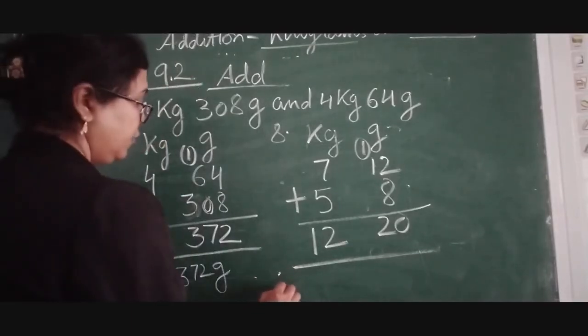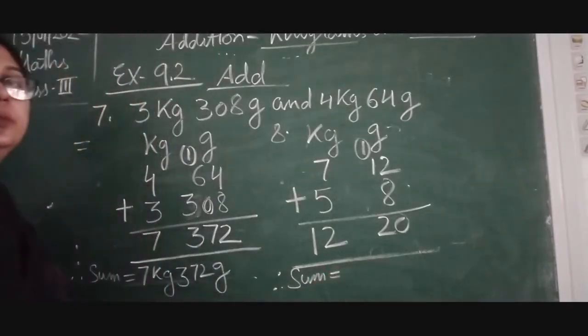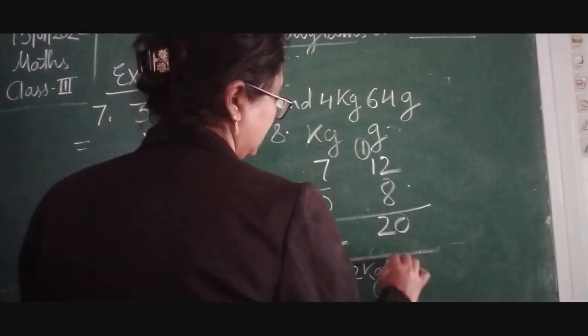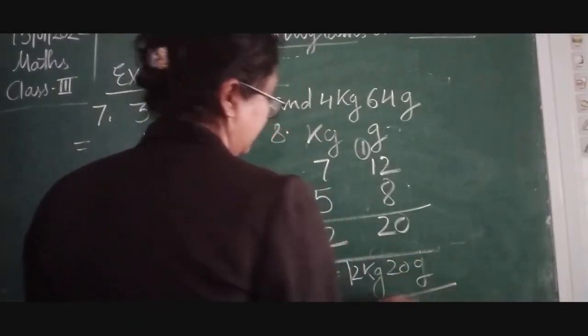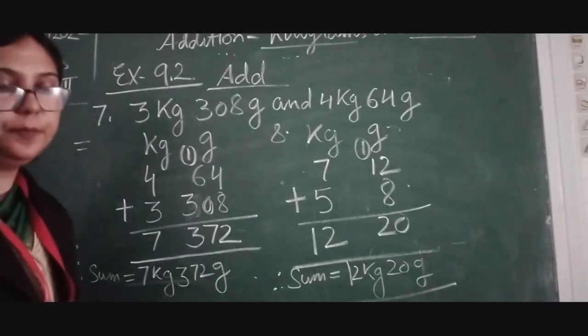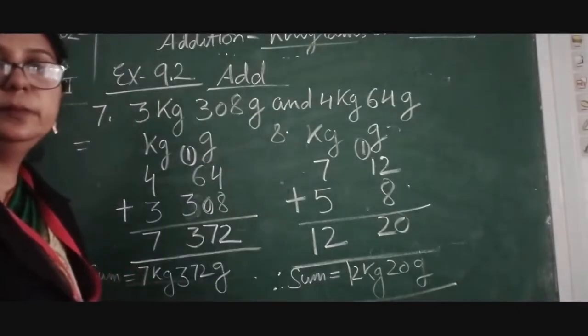So therefore sum equal to 12 kg 20 gram. Okay, so complete it, 7 and 8. Okay, complete this, children.